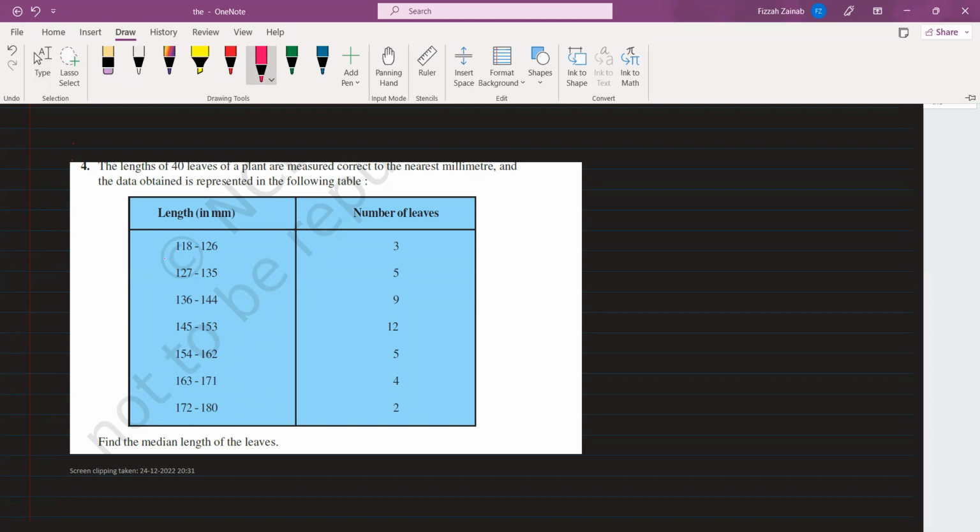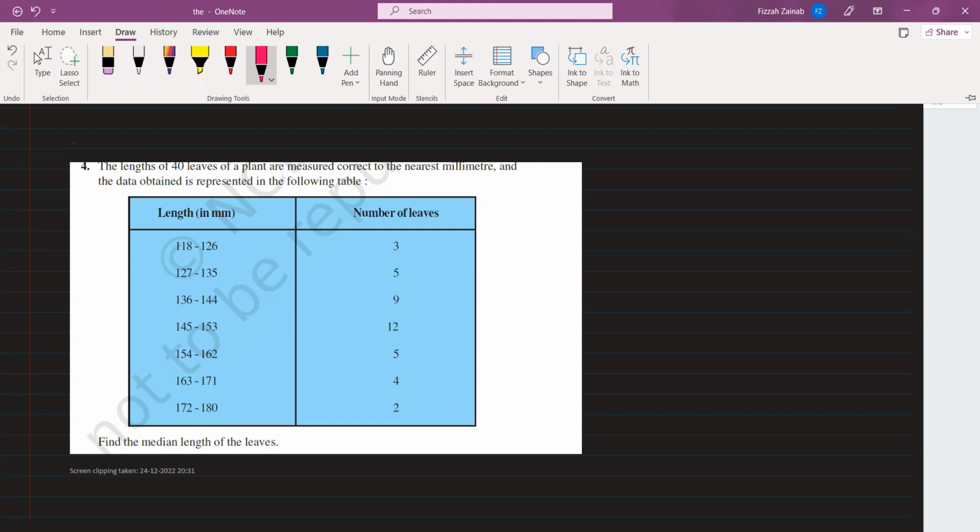Please write down: subtract 0.5, that means half, from the lower limit and add 0.5 to the upper limit. Right?